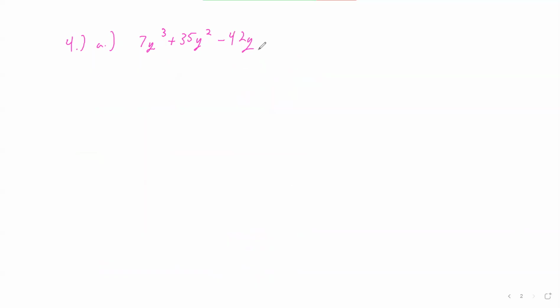Before you go into any type of factoring technique, whether factor by grouping or this T-chart method, greatest common factor has to be your first question. Does this have a greatest common factor? 7. 7 what? 7y. Perfect. Now let's figure out what we have left, and I bet our numbers drastically get smaller.